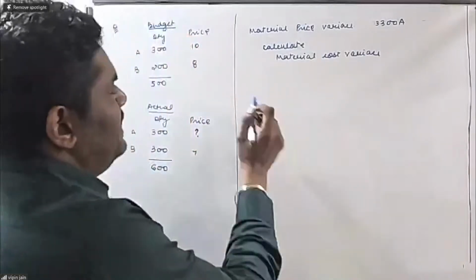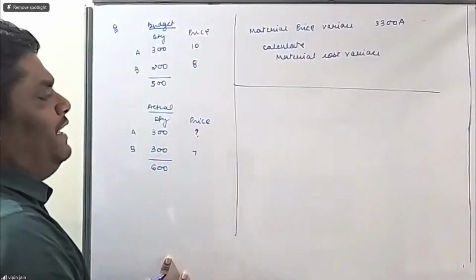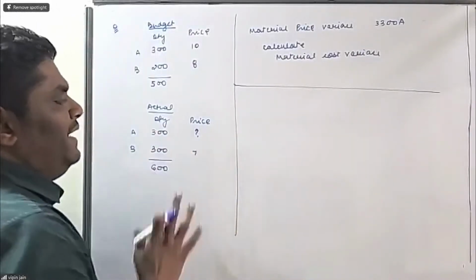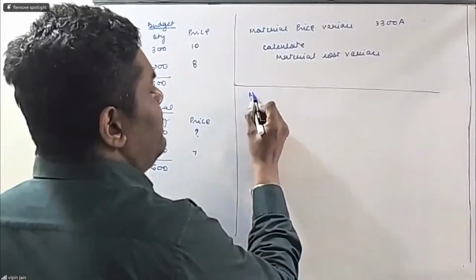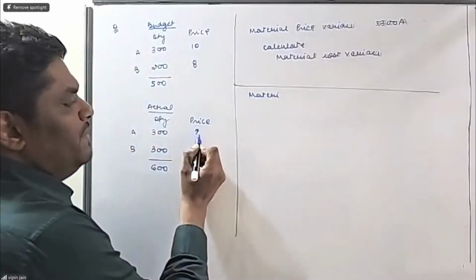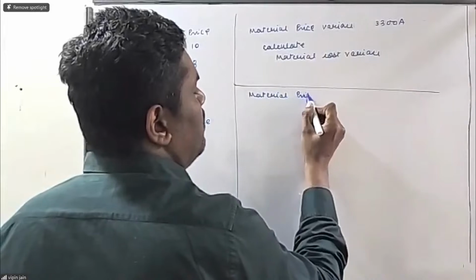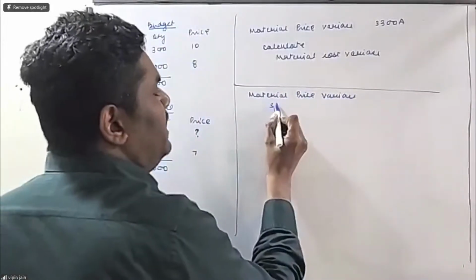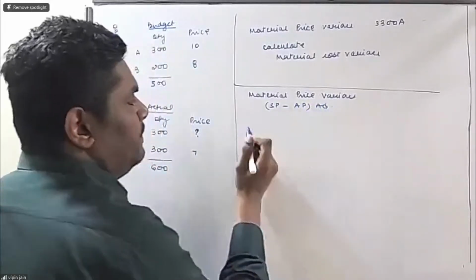So let's start with the solution. Since the price is not given in the question, let's assume it as the actual price of A. So when talking about material price variance, we have to first calculate this amount. So material price variance is given. And how do we calculate material price variance? Standard price minus actual price into actual quantity.